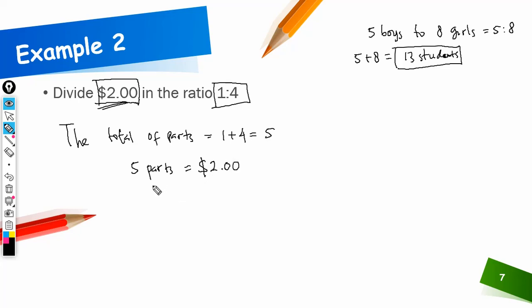So if you want to find one part, you're going to divide this $2 with 5. Okay, $2 divided by 5 equals 40 cents.